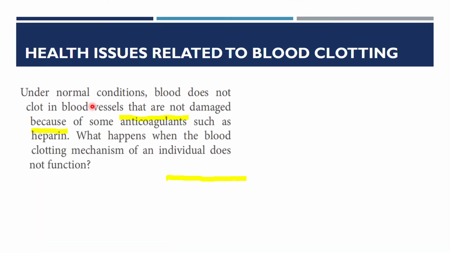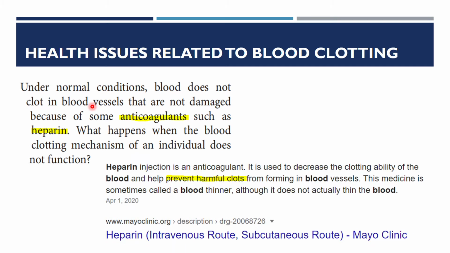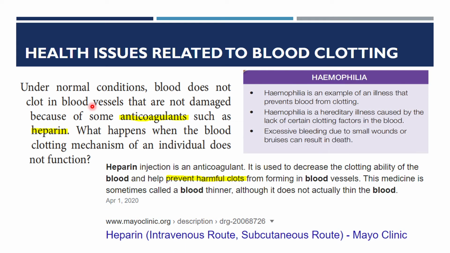Now let's look at the issues related to blood clotting. The first one is hemophilia. Hemophilia is an example of illness that prevents blood from clotting. This is very dangerous. When there is a cut or a wound and our blood is unable to clot, what will happen?